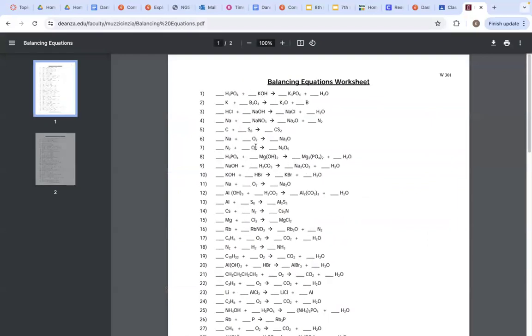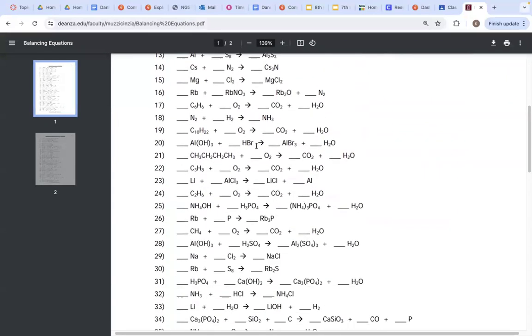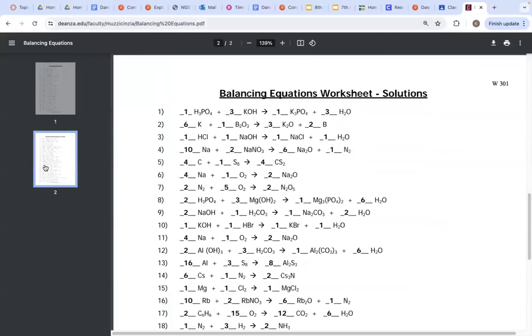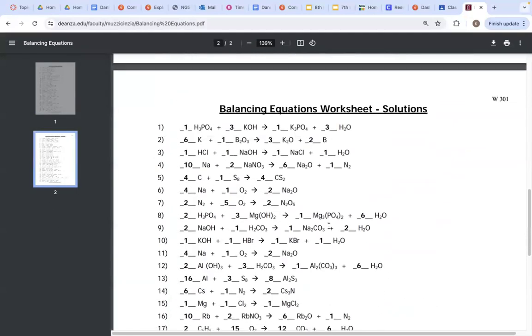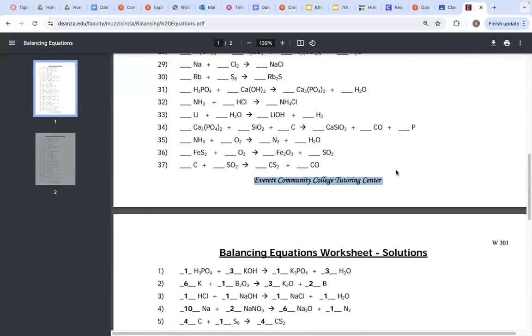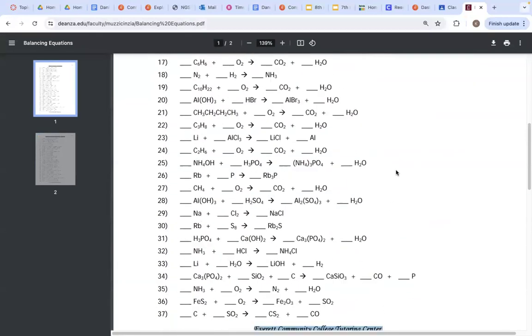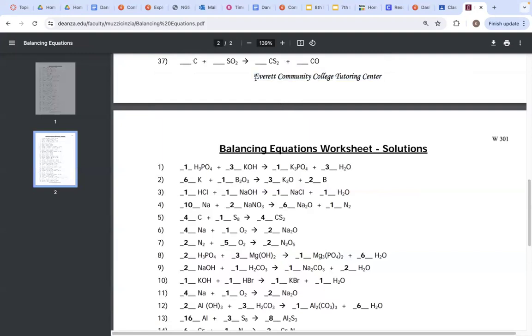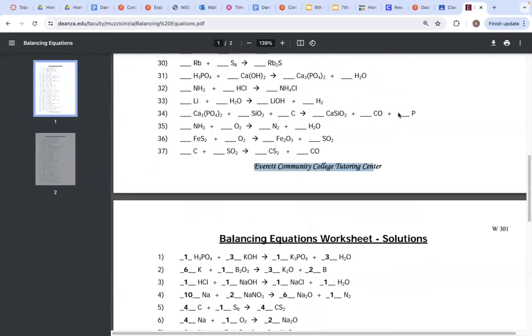So it's just a matter of, here's all sorts of practice for yourself, and you have the key. Also, I love this. I get a lot of worksheets or example problems from this Everett Community College. So if you ever come across one of those, they are always good ones.